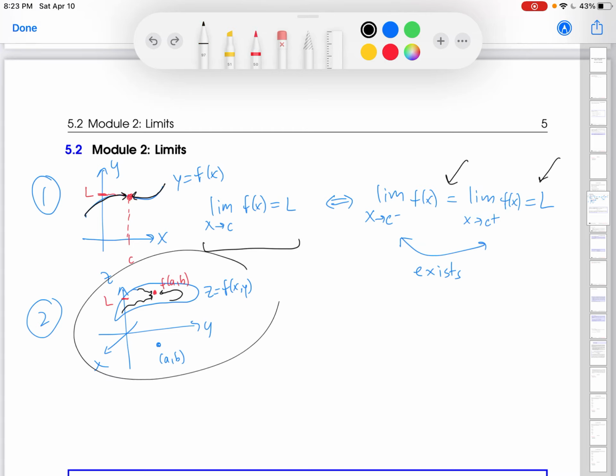As this picture shows, we have so many ways to approach the point (a, b) in the xy-plane that translate to lots of different ways of approaching the y value f of a, b, if that exists. That really throws out the door a lot of what we knew about limits and makes us have to rethink how to define limits in the function of 2 variables case.